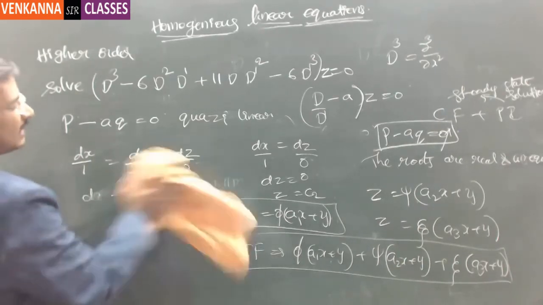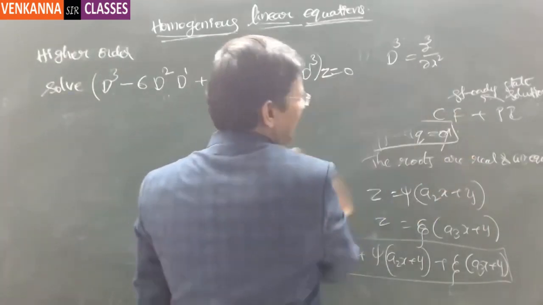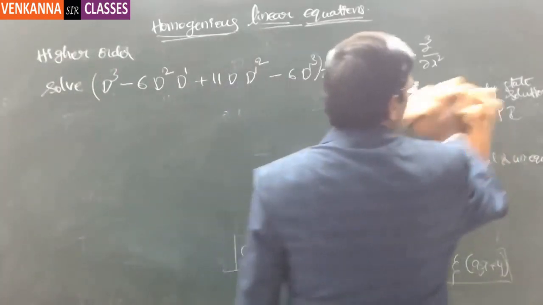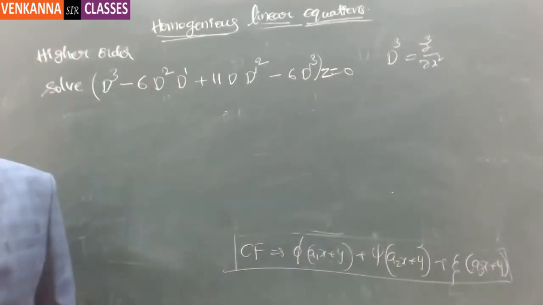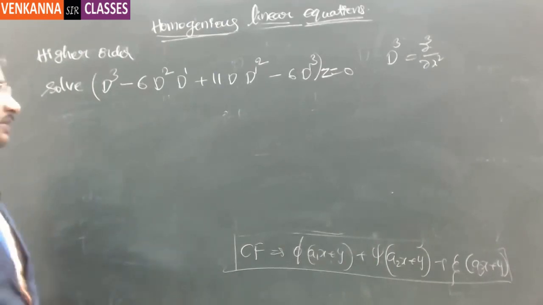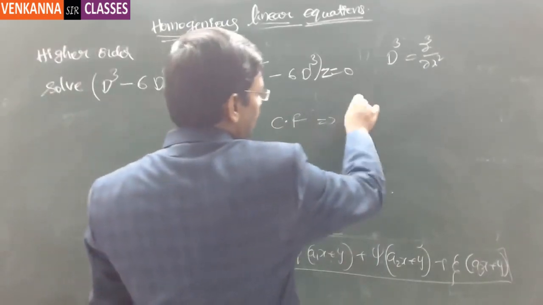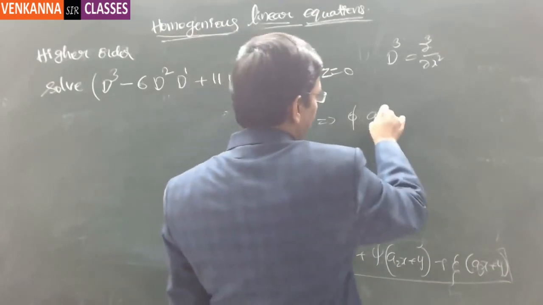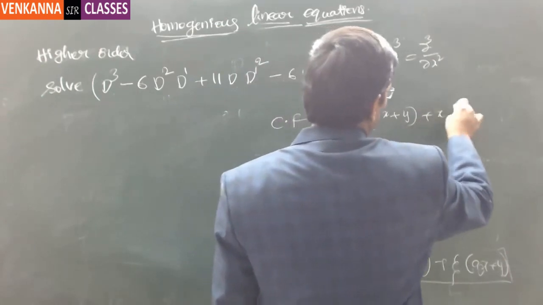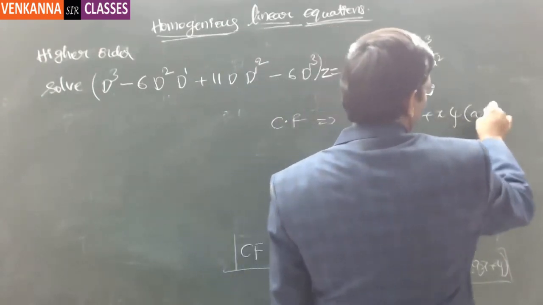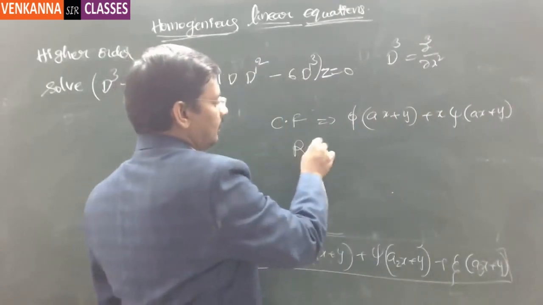This is as in the normal ordinary differential equation, the way we write it if the roots are real and equal, there we write arbitrary constants. Now we are writing arbitrary functions. That is the only difference. The rest of the thing is as it is. So the complementary function is equal to phi of ax plus y plus x times psi of ax plus y. So this is if the roots are real and equal.